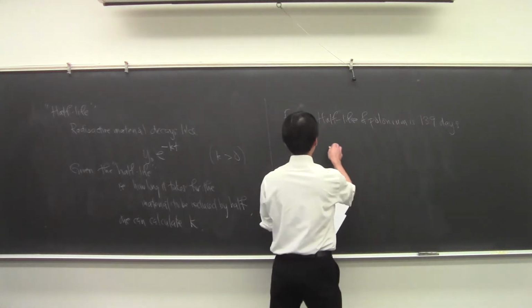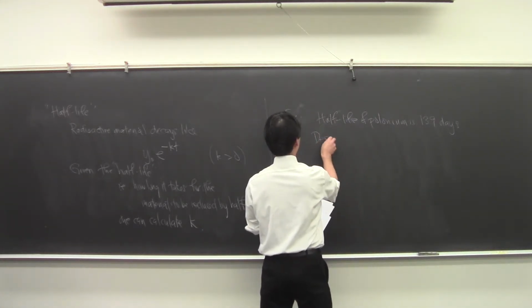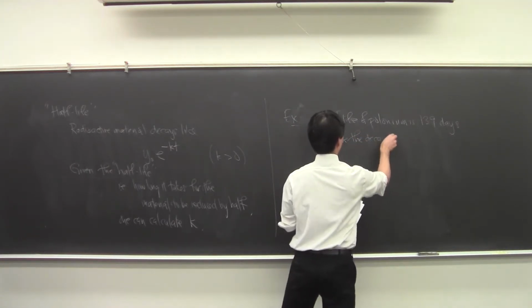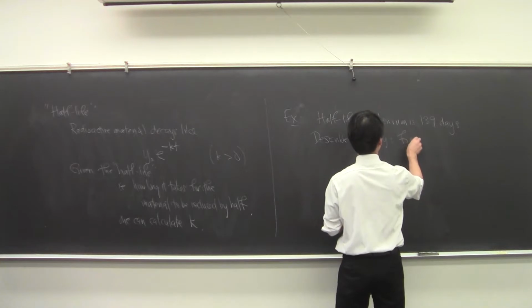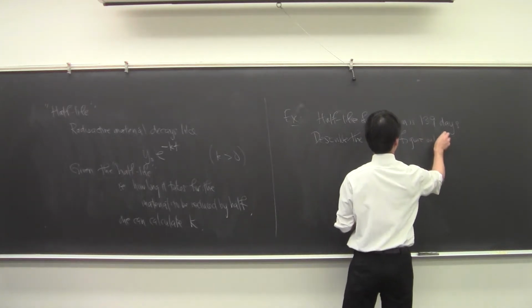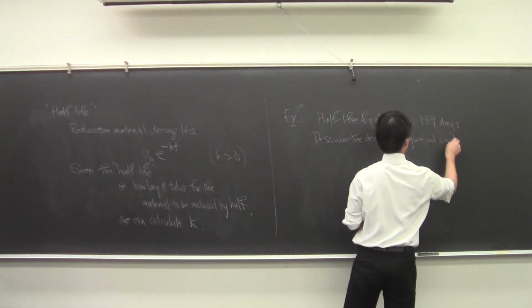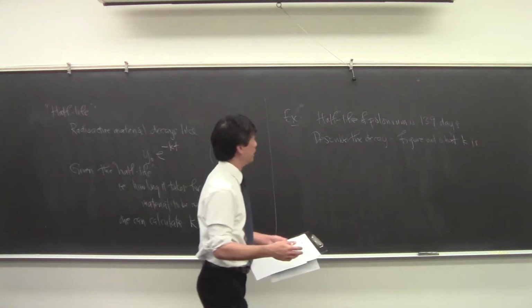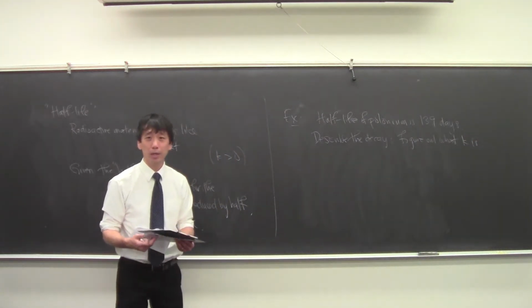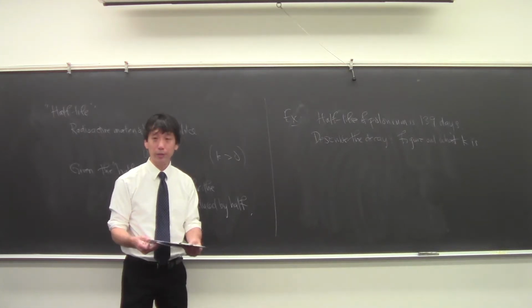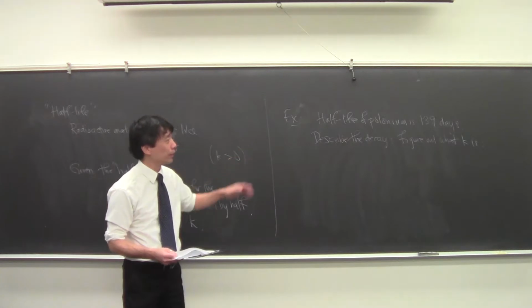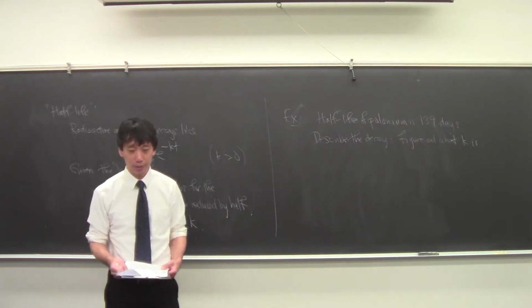So if you wanted to describe the decay, that is, you wanted to figure out what k is, then try it. If you haven't seen this sort of thing before, give it a try and see if you can figure out what k is.